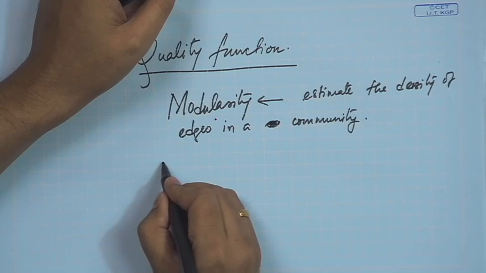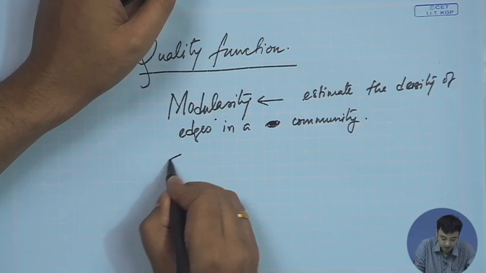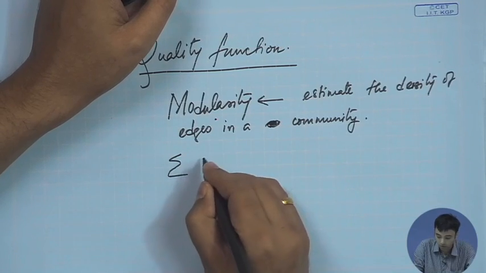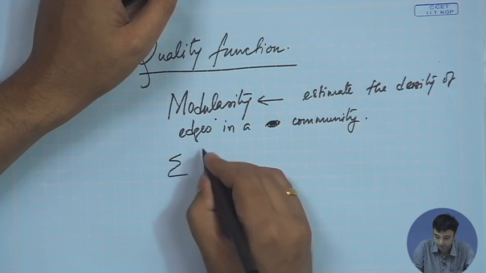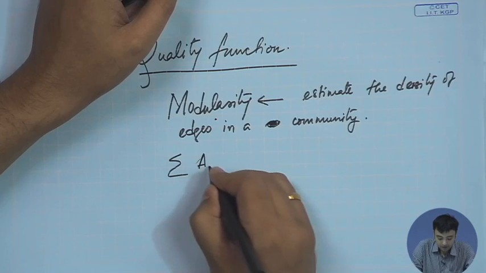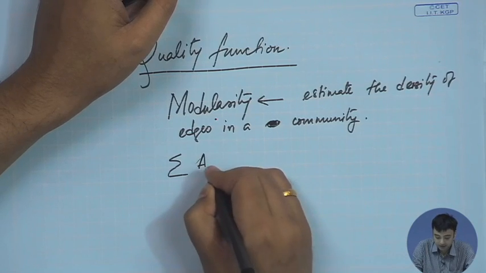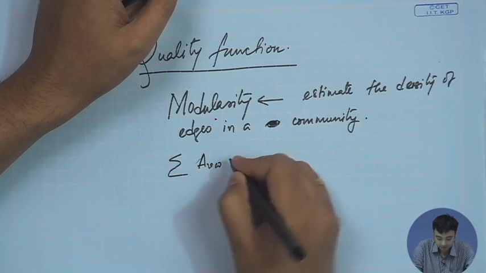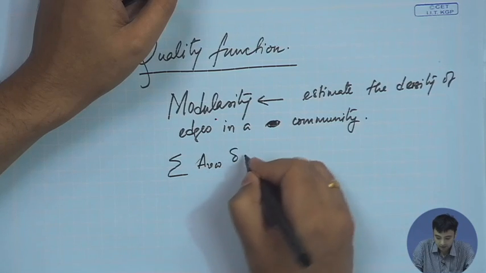So, if we try to write the formula, it is a very simple formula. We start with the basic notion and then we see what could go wrong, and then we will correct the formula. So, basically as I said, it measures the density of the edges inside the community.